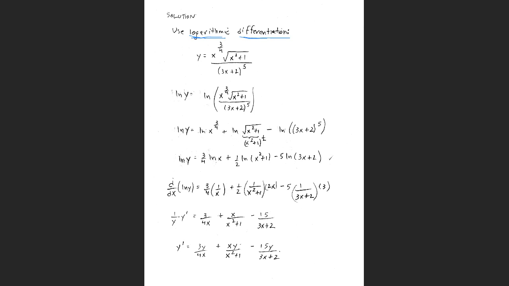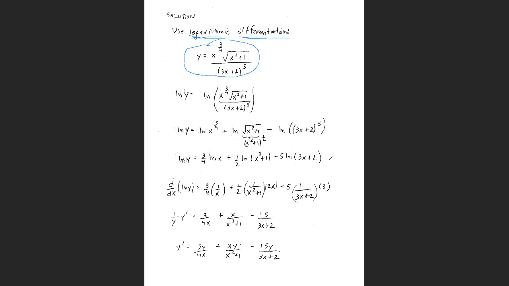Well, what we do is we take the log of our equation. We have y equals x to the 3/4 power times the square root of x squared plus 1, all divided by 3x plus 2 to the 5th power.